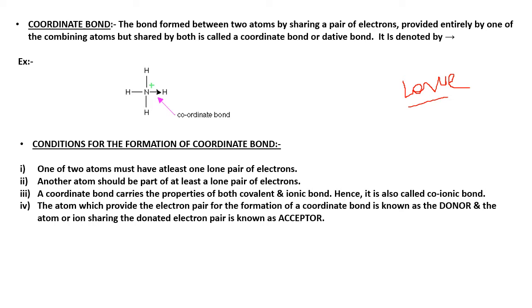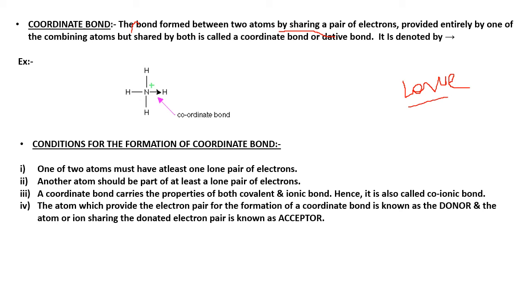That means this is the bond which is formed by the sharing of electrons. Now covalent also had sharing, and over here it is also sharing. So what is the basic difference between them?